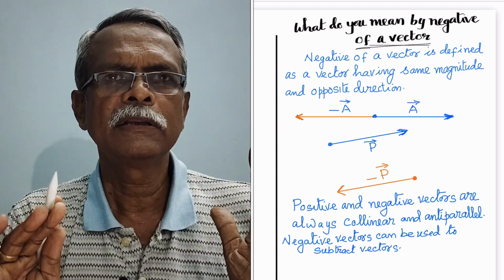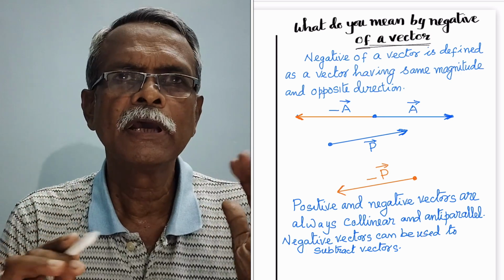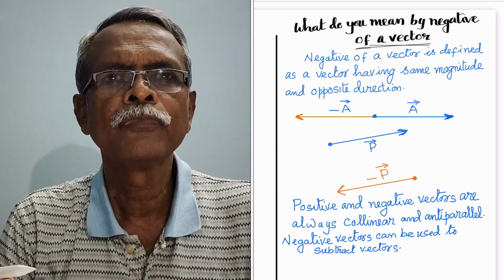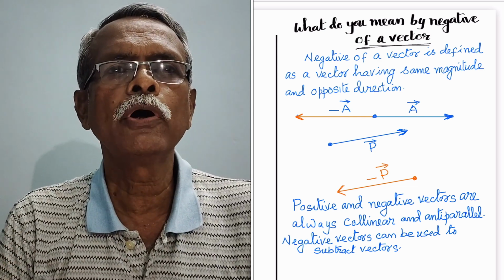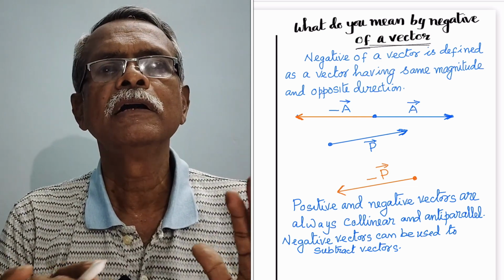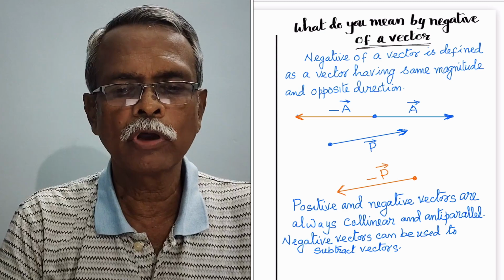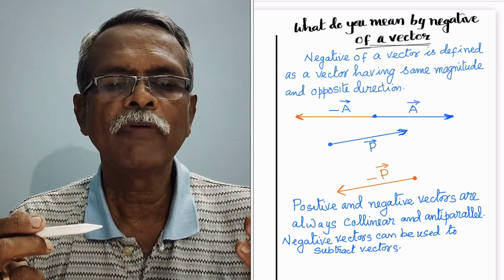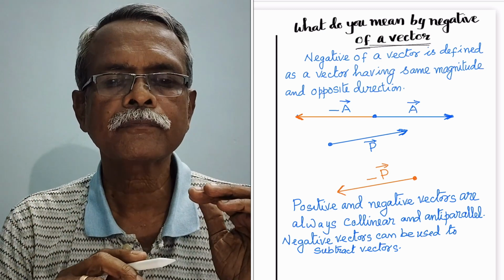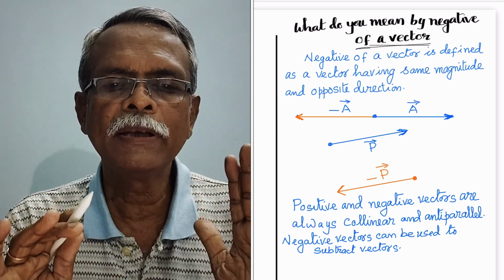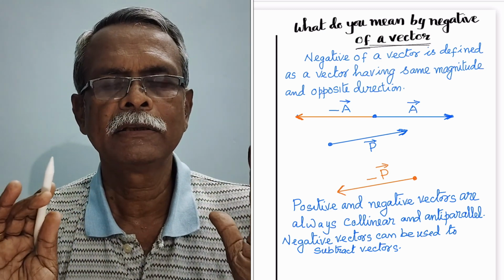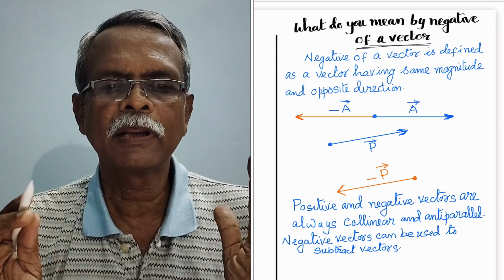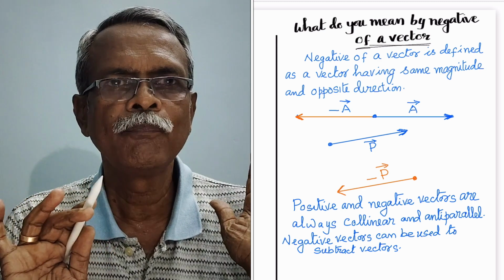And this idea of negative vectors can be used to subtract vectors by using the law of addition of vectors like triangular law or parallelogram law. Therefore, we can consider how vectors are being subtracted. Let us find A minus B, that is a vector A and minus a vector B using triangular law.